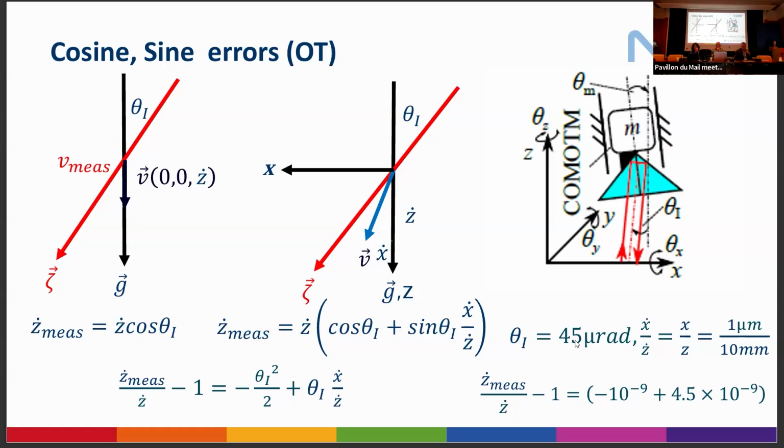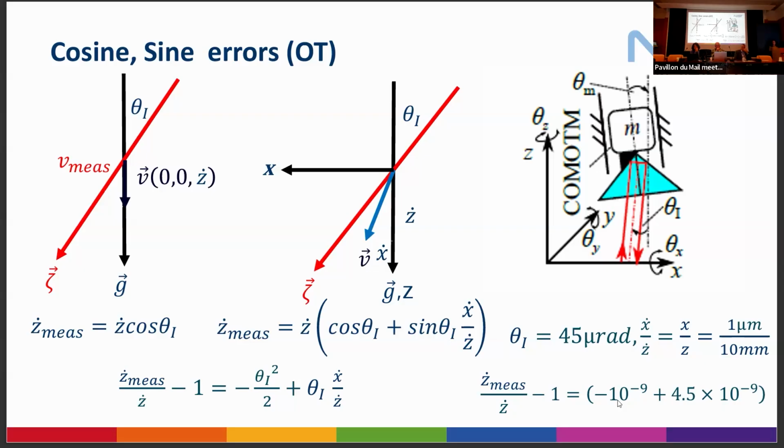So just to give an example, if your laser beam is aligned to 45 microradian, which most of us can reach with cameras and telescopes, and your motion is, say, 1 micrometer, as your guiding can do 1 micrometer over 10 millimeter travel, then your measured velocity in relative terms is reduced by 1 ppb.